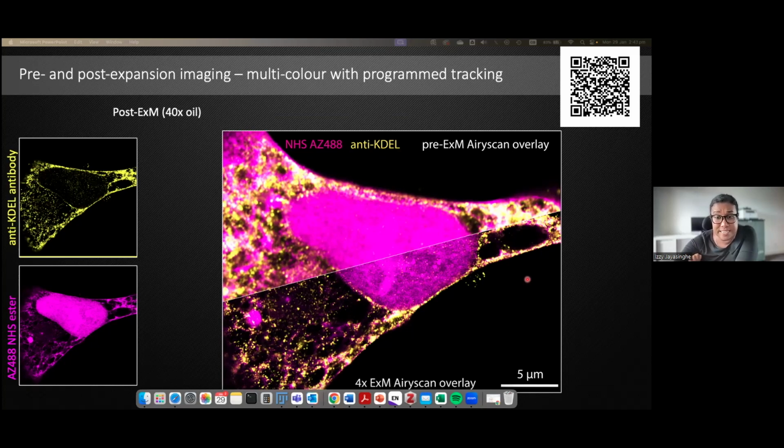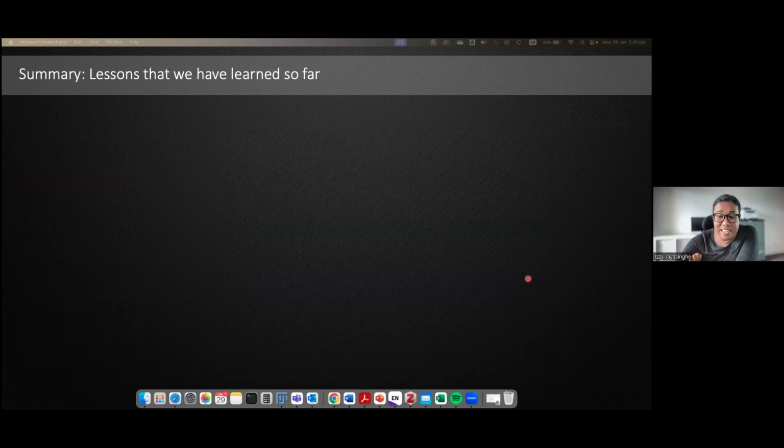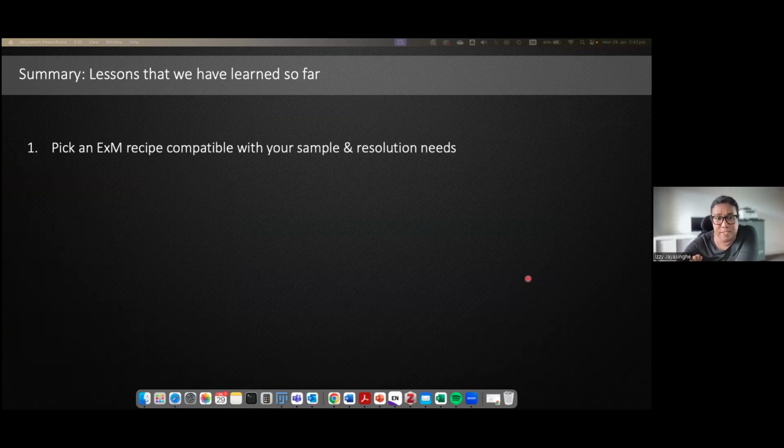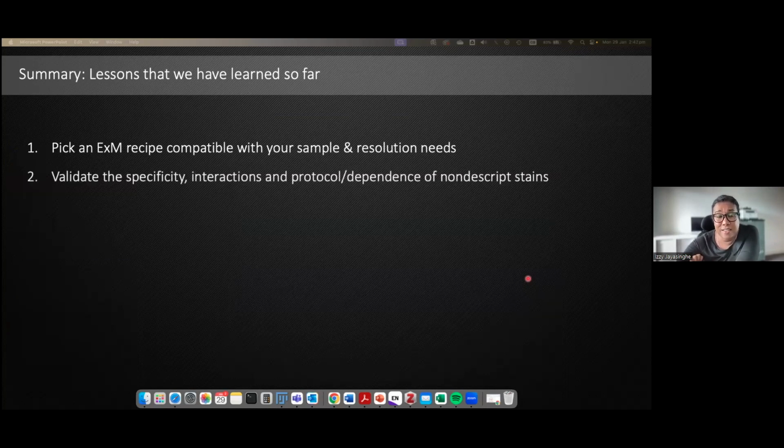resolution enabled with it. So if I were to summarize the advice that we would give based on our experience, in the most humble possible way, it is that if you're picking up expansion microscopy for the first time, pick a recipe and a method that matches the type of sample that you're imaging and the kind of measurements that you're looking to make.